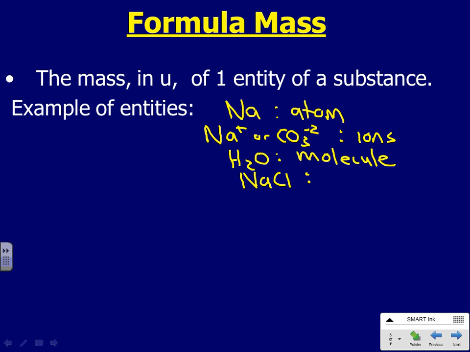It's an ionic compound, but what did we call that smallest little piece of an ionic compound? It had 2 words in it. Yep, a formula unit. Formula unit. All right?